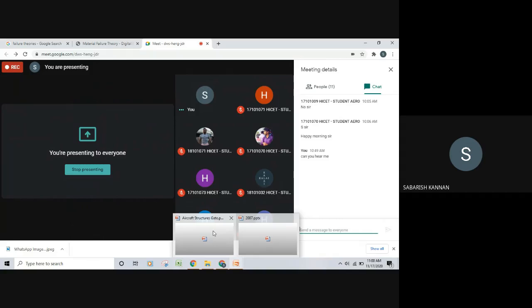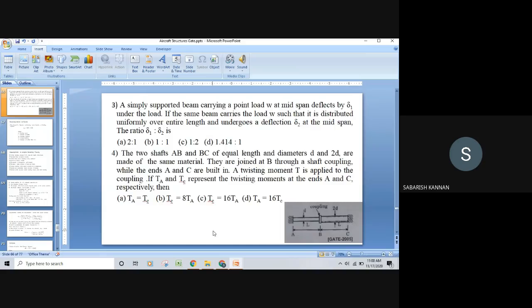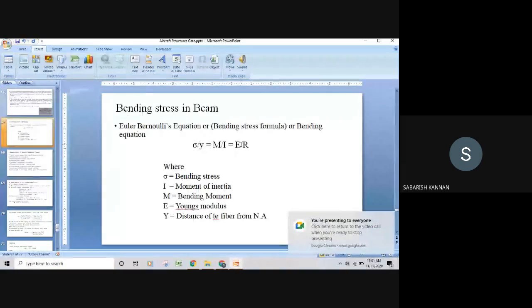So we move on to another topic, that is bending stress in a beam. Bending stress is similar, basically the bending equation, or bending stress formula.